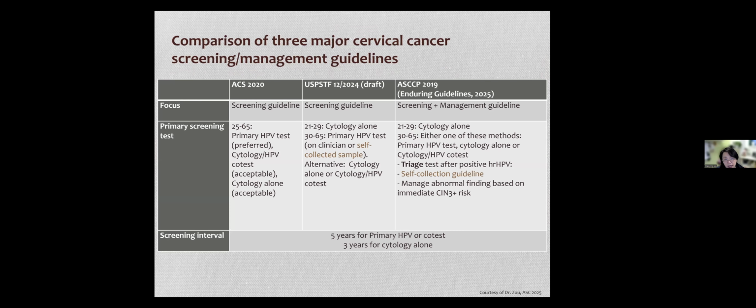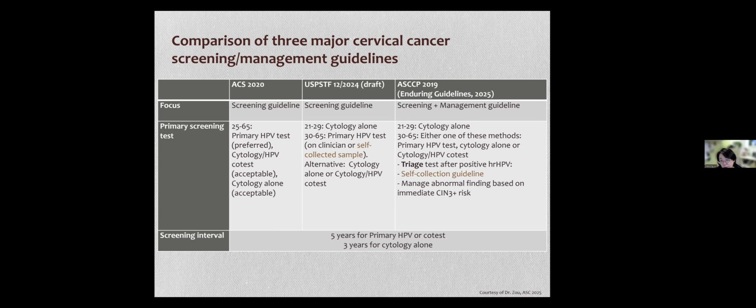So there is a current guideline in the US. As I mentioned, the American Cancer Society in 2020 pushed out a screening guideline in which primary HPV testing is preferred. The US Task Force guideline is still in draft and not finalized. It says you can do primary HPV testing, or alternatively co-testing or reflex testing.